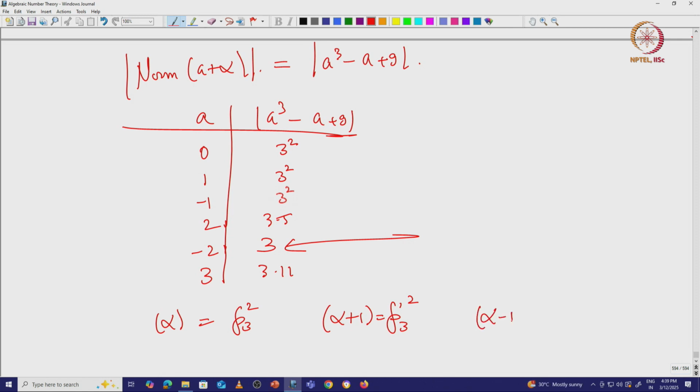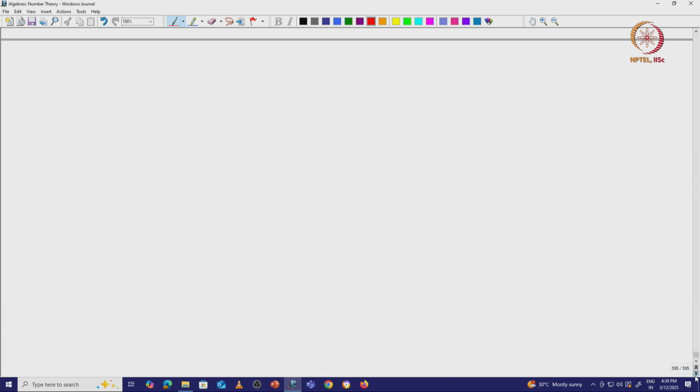So, they are different primes, and you see alpha minus 1 is also square of a prime above 3. So, it has to be of this form. When you put things this way, you get alpha minus 2, which is congruent to alpha plus 1, which is congruent to 0 mod P3 prime.